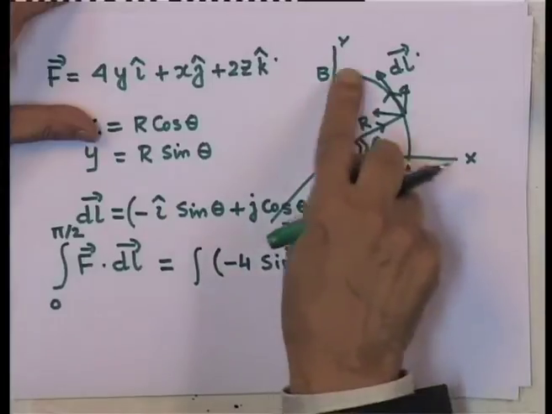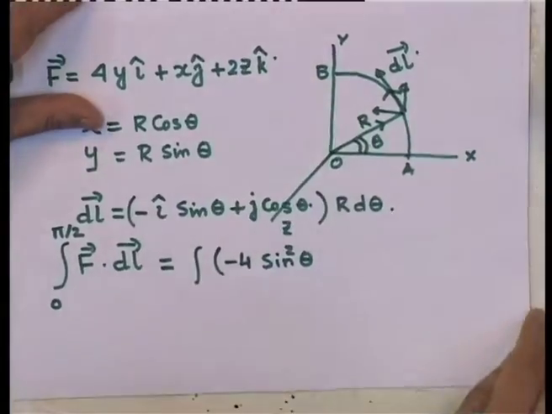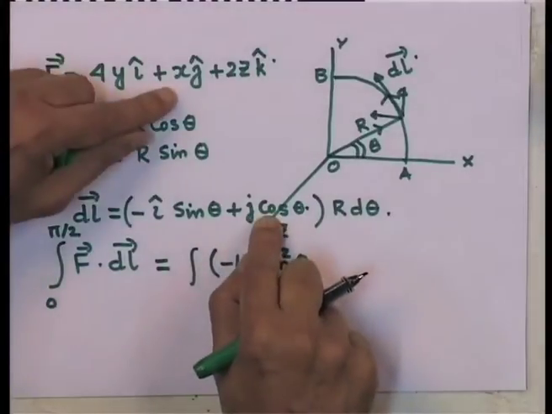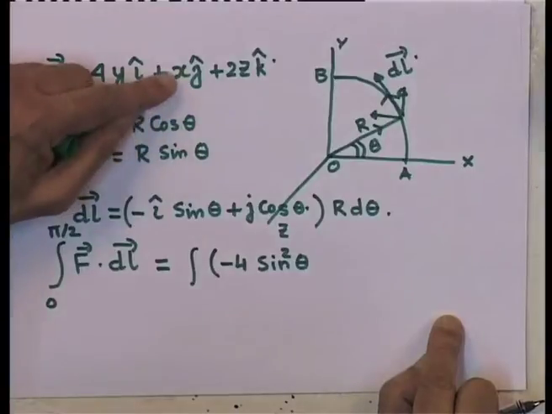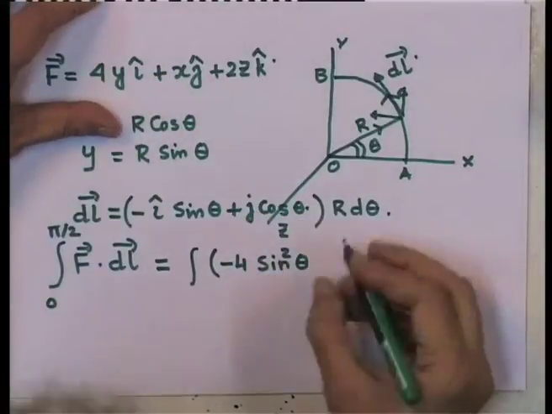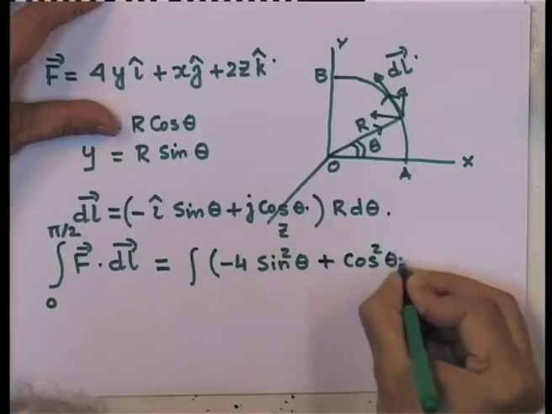This curve is entirely in the xy plane. So, z is equal to 0 and does not contribute to the integral. Then I am left with x j, x is r cos theta, and this already has a cos theta. So, therefore, I add cos square theta d theta.